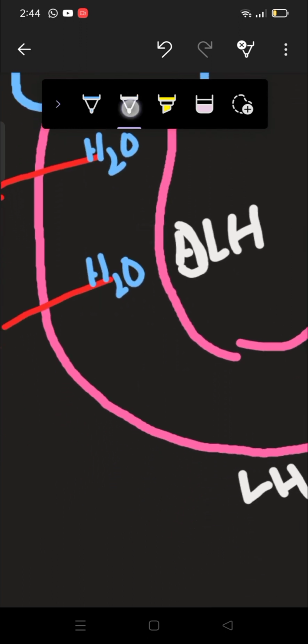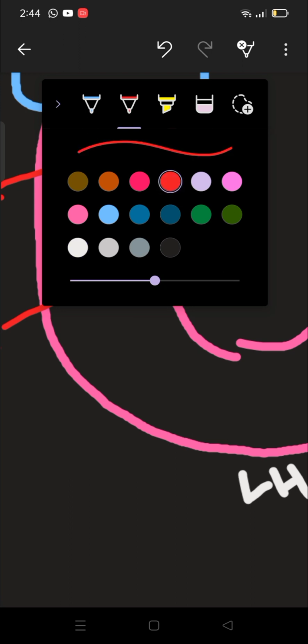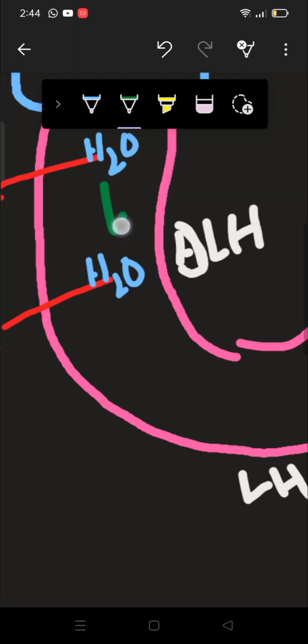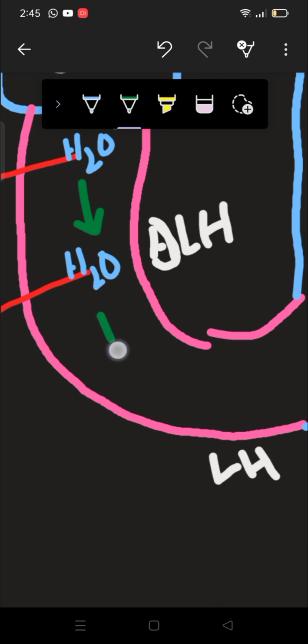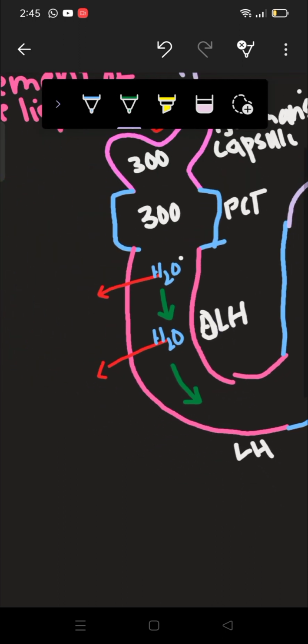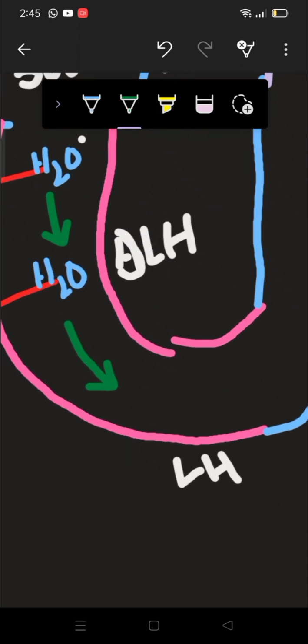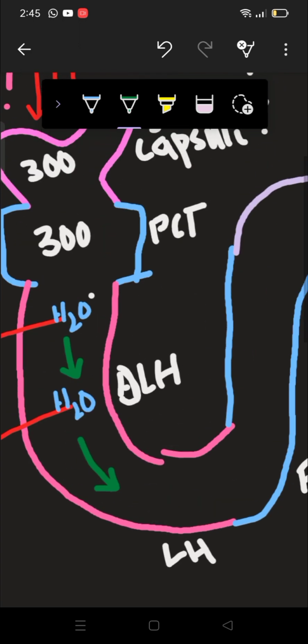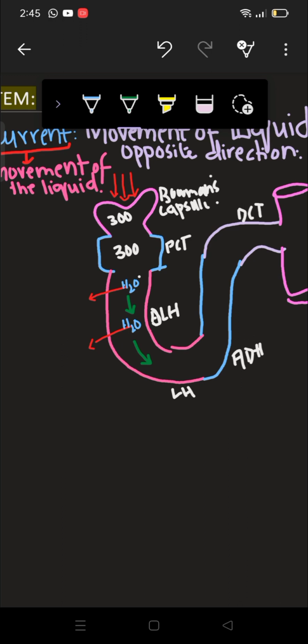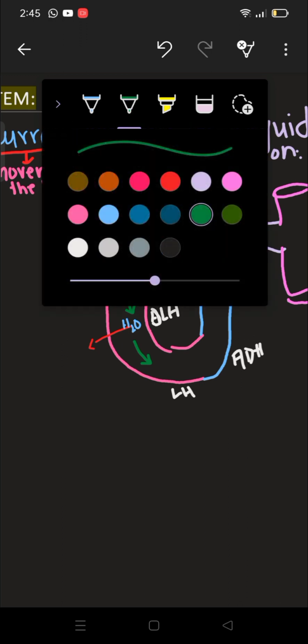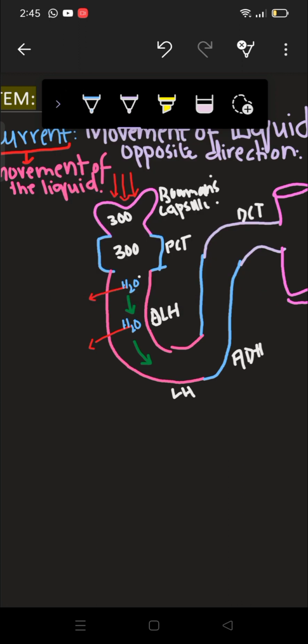This would go out, and here we will have the highest concentration of ions, because we know that in the medulla the concentration of ions is getting greater and greater. Let me make that as well.